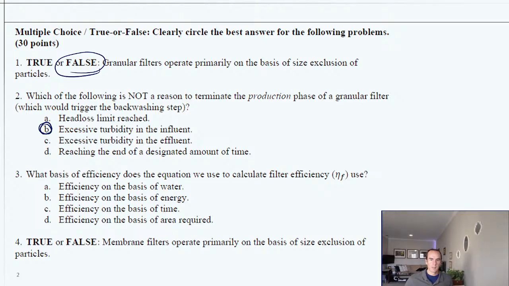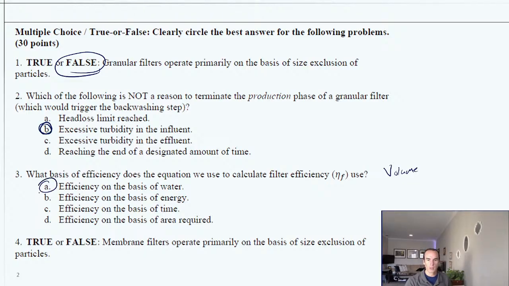Next up, what basis of efficiency does the filter efficiency equation we use to calculate use? You could look at it: it's the volume filtered, minus the volume backwashed and volume rinsed, divided by the volume filtered. So this equation has a bunch of volume units, and so it is efficiency on the basis of water.